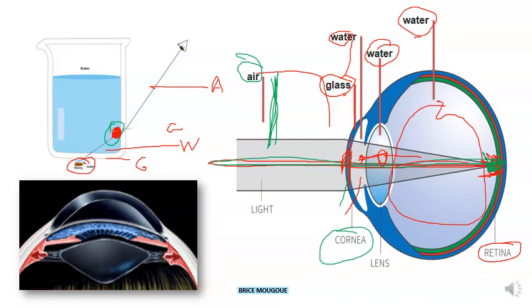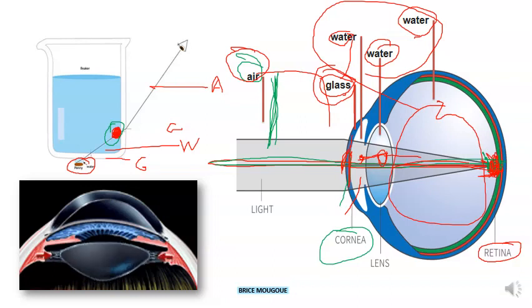And all of these, we have moved from air to glass to water. All of these will contribute such that that light will bend and be brought to a focus, to a pinpoint on the retina, and then the light stimulus can be interpreted and converted to an impulse that will be sent through the optic nerve.